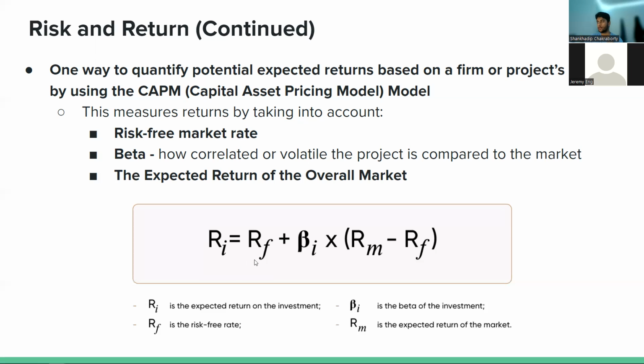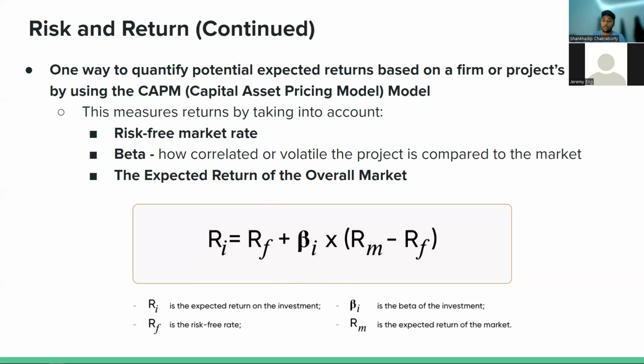Ri is CAPM, or the expected return. This beta over here is how correlated or volatile this project or investment is compared to the overall market. And this basically measures how responsive this investment is to the overall market. For the overall market, you can think of the S&P 500 pretty much.